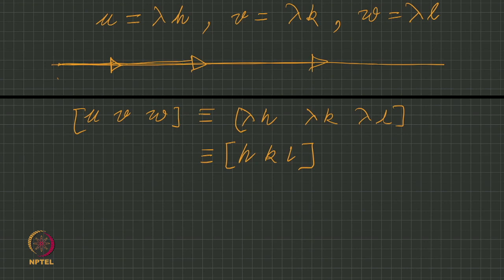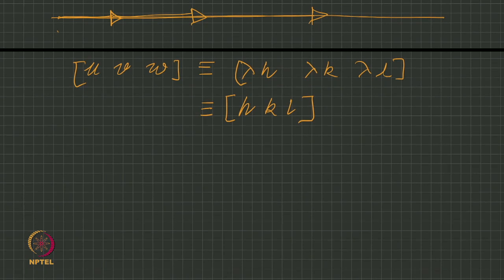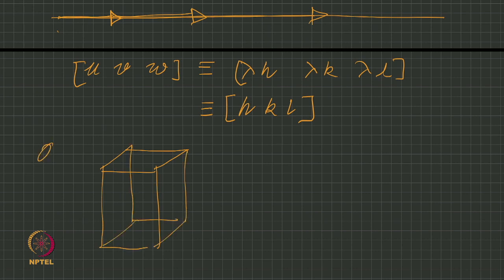But remember that this is for cubic only. In some other cases this can still be accidentally true, but you can't take it for guaranteed. So, suppose it was orthorhombic, let us say a, b and c are not equal. Then along the x axis you have a direction 1 0 0, and this face of the crystal is again 1 0 0.